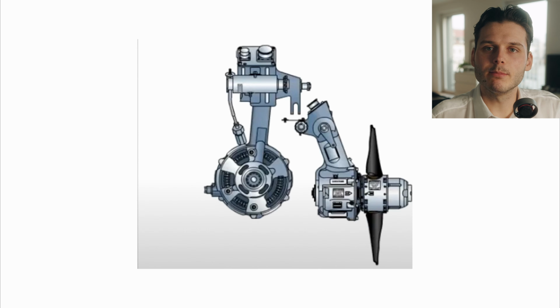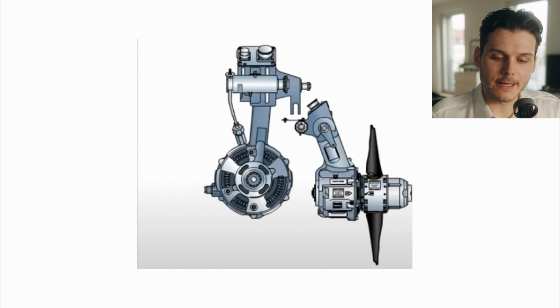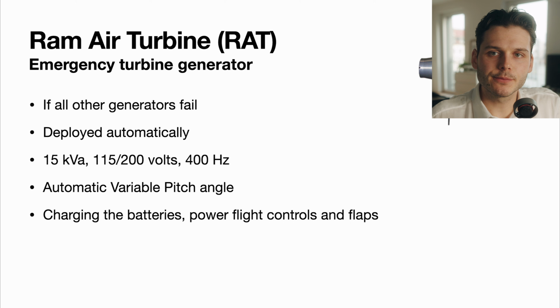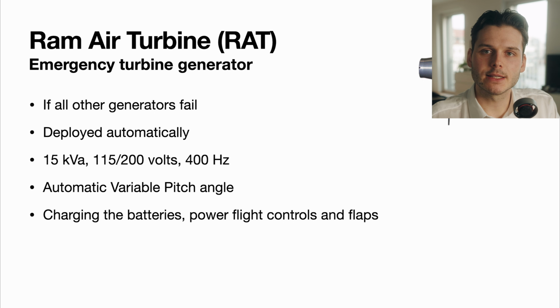It's basically a windmill that is only used during emergency cases, and this will deploy automatically if all AC generators fail. So if you have a dual engine failure, there's actually a memory item connected to it, which is fly speed minimum 265 indicated, and pull the RAT manual deploy lever, just to be sure to have it out.